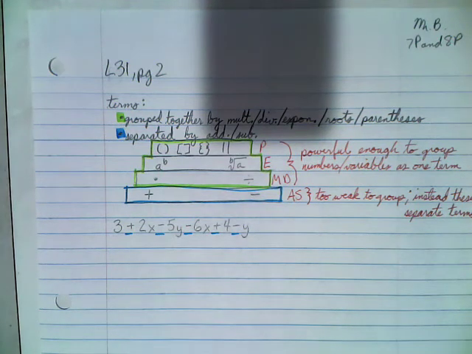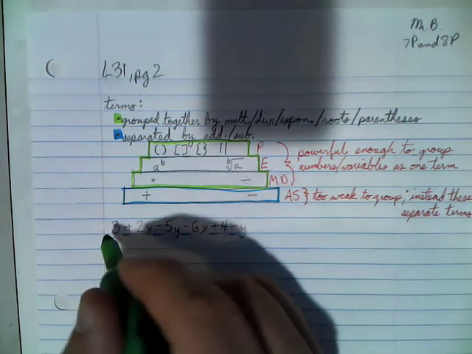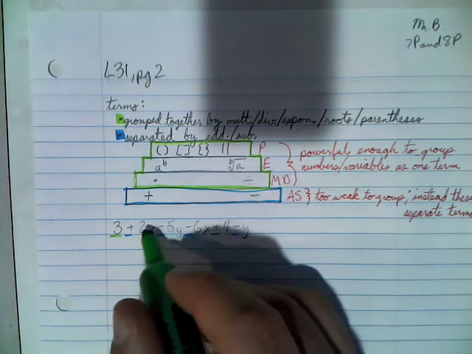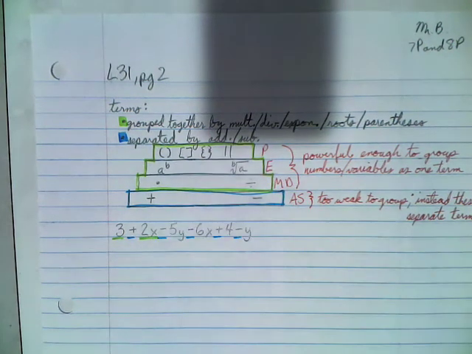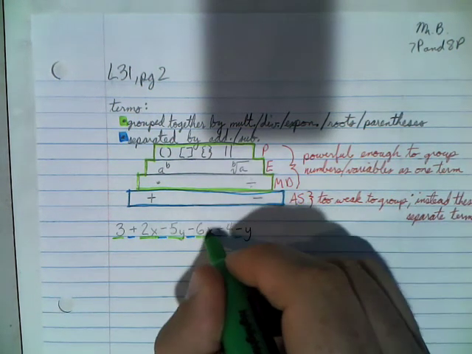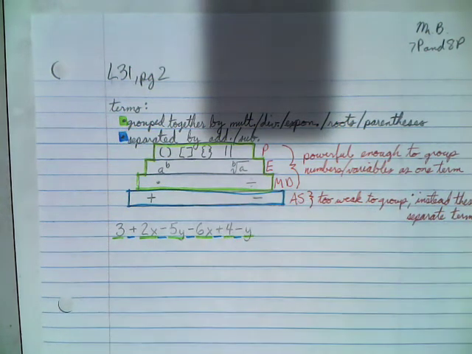So what are my terms? Well, 3 would be a term. It's all by itself, but it's still a term. 2x really means 2 times x, so both of those get highlighted with green because we're multiplying them together. They're part of the same term. 5y, likewise, would be part of the same term. 6x would be the same term. 4 would be its own term, and y would be its own term.